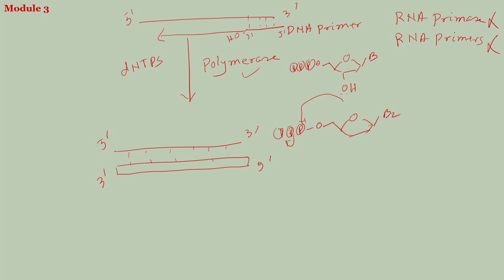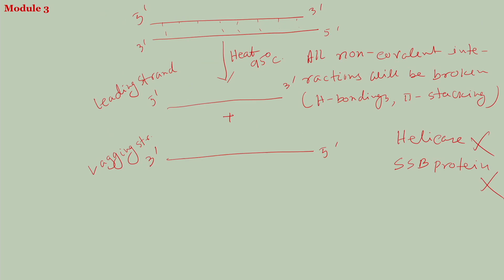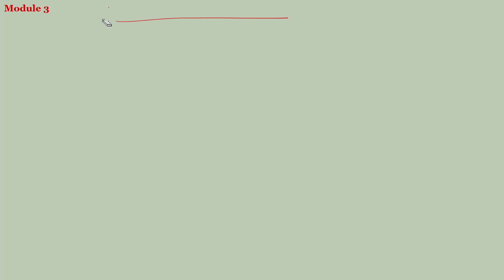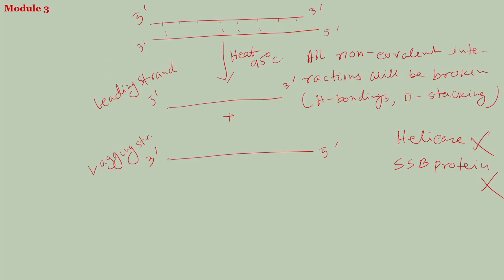Now, look at the other strand. This is 5 prime to 3 prime, this is 3 prime to 5 prime. I will write here so that it is more clear, 3 prime to 5 prime, that is this strand, the lagging strand.